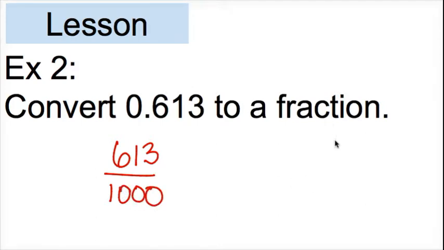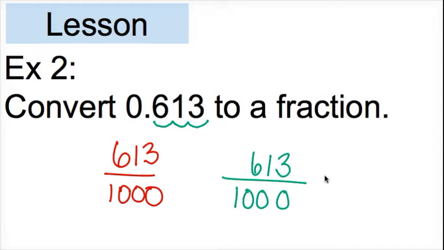It could be as simple as that. If you're struggling with how to read a decimal, then we can go through the steps. Step 1, count the number of digits behind the decimal. 1, 2, 3. That tells me my denominator will have 3 zeros. For the numerator, I take the digits to the right of the decimal, and I make that my numerator. That's it.